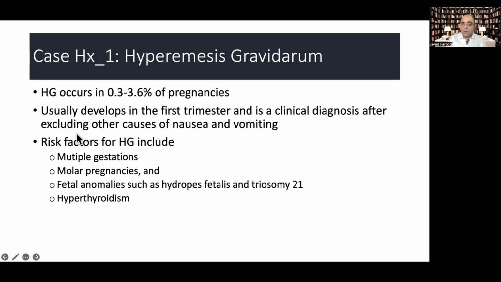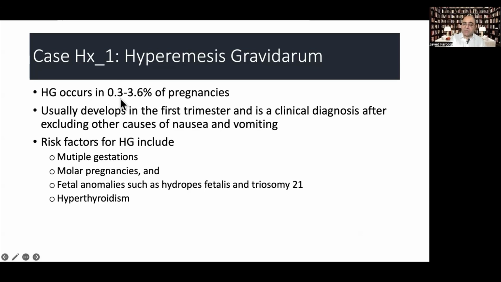Risk factors for Hyperemesis gravidarum include multiple gestations, molar pregnancies, and fetal abnormalities such as hydrops fetalis and trisomy 21. Hyperthyroidism is another risk factor for Hyperemesis gravidarum.